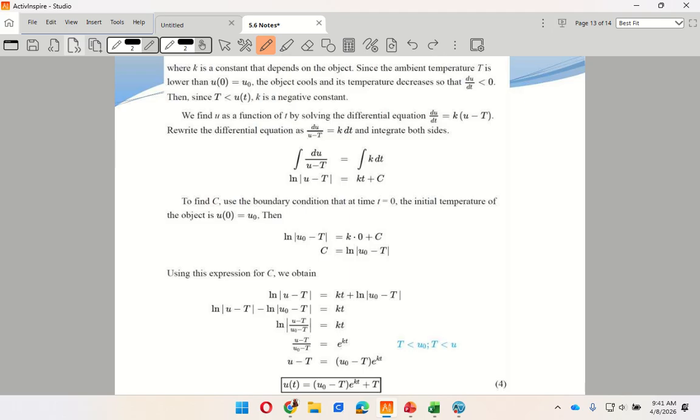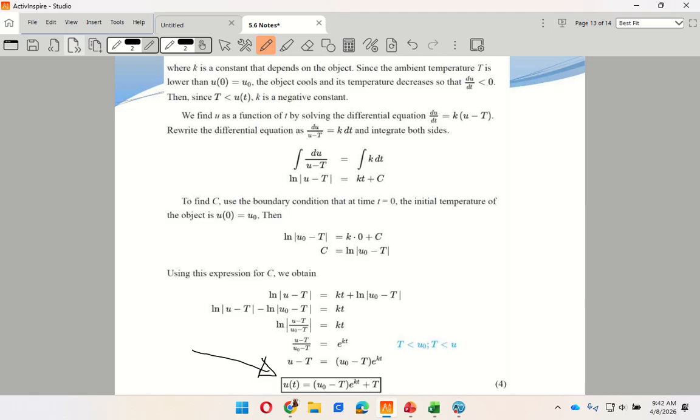Find the function by solving the differential equation, rewrite it to integrate both sides, getting to that point, then find C using the initial condition. Using the expression for C we obtain all the way down here: U of T, the temperature at a certain time, is equal to my initial temperature minus my ambient temperature, times e to the kt, where k is my rate of change after a certain amount of time, plus the ambient temperature.